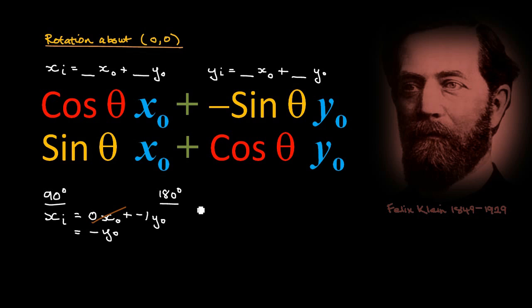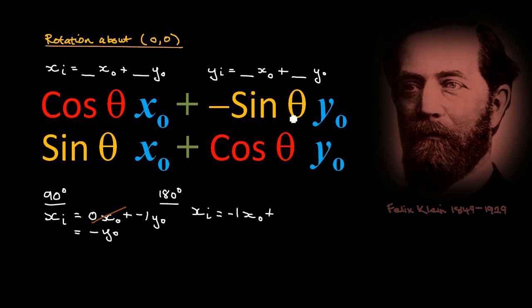Okay, once again, we need to work out the x component of the image. What happens this time? Well, the cosine of 180 degrees is negative 1. So if we fill in negative 1 times the x component of the object, and we add, again, negative sine of 180 degrees.